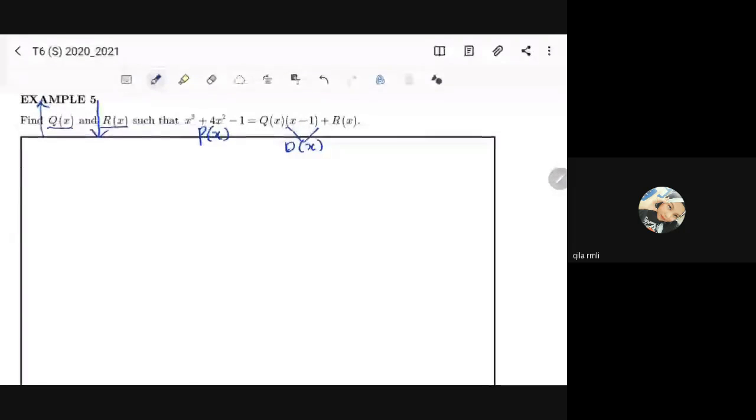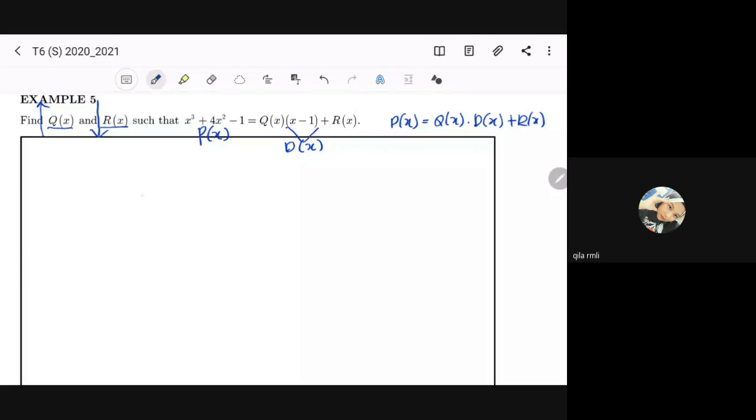So kalau ingat tadi, the general form we have P(x) equals Q(x) D(x) plus R(x). Okay. So automatically x minus 1 is your divisor.